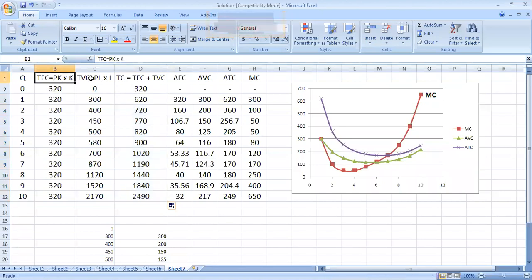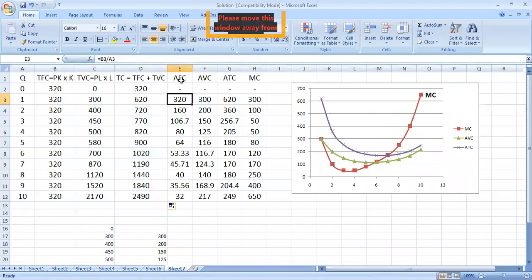Okay, and after obtaining the column of total cost, these are the three concepts of cost: total fixed cost, total variable cost, and total cost. These are the three family members of total cost curves. And then there come three members of average cost curves: average fixed cost, average variable cost, and average total cost. So there are three family members that belong to the total term.